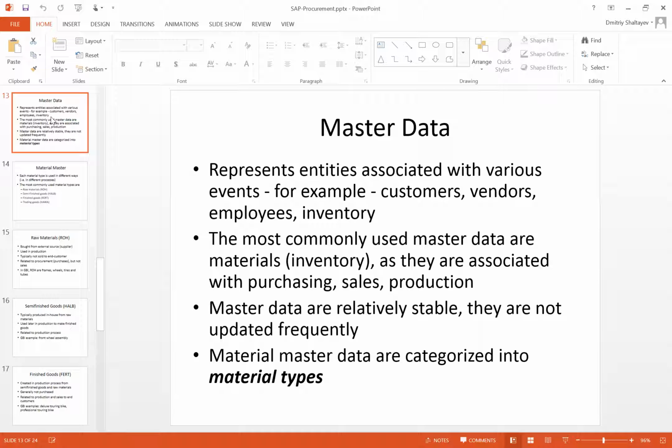For example, a customer changed the office location, so they have a new street, city, state, zip, a new phone number, a new contact name. But that doesn't happen too frequently. Maybe once in a couple of years or so. Vendors, same idea. Companies that supply me have a name, address, contact number, email, contact person, etc. That changes very rarely.